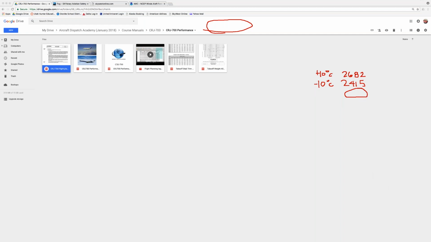So like I said before, when we were using the ISA plus 10 chart, our fuel burn to climb up to the 41,000 feet was 2682.